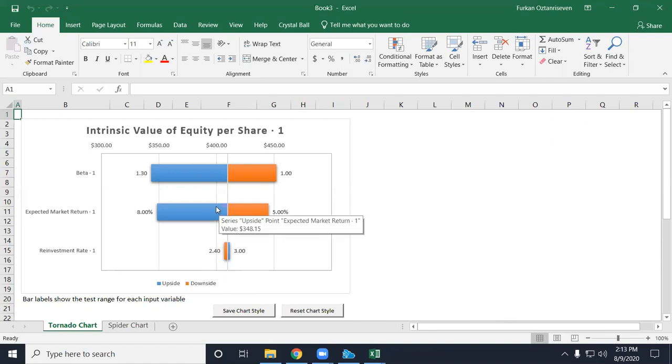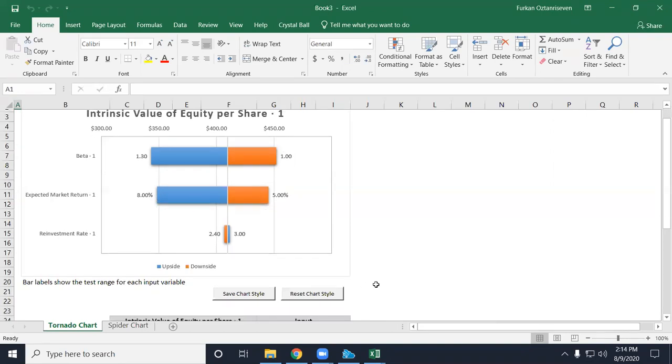But expected market return, you can also see a negative correlation here: if we expect the market return next decade to be lower, like around 5%, we may want to pay more money per share. However, if you think that the expected market return for the future is going to be higher, then we need to pay less money per share to be able to benefit.